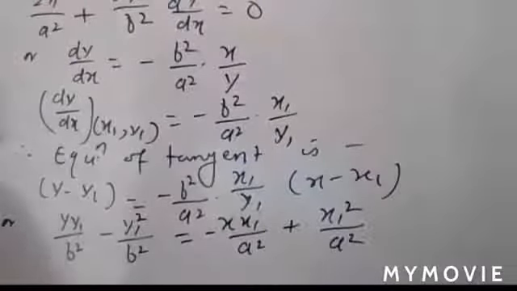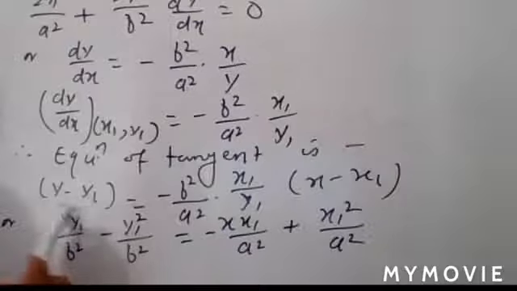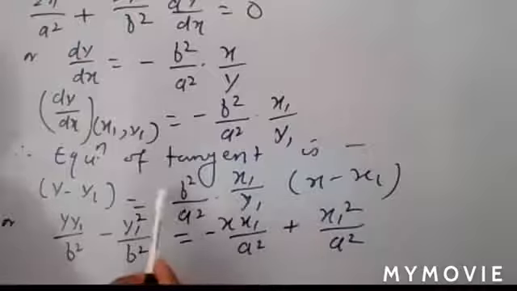Everyone getting this step? Actually here we multiply each term by y1 upon b square. Understand? And on the other side, we multiply it by minus x1 upon a square.